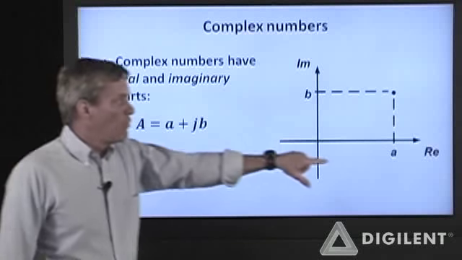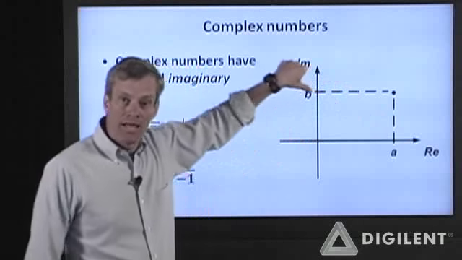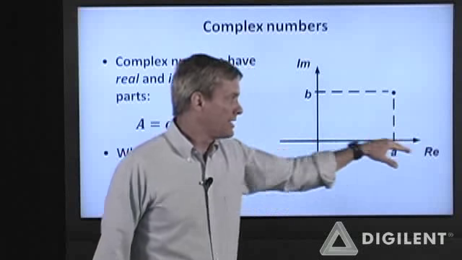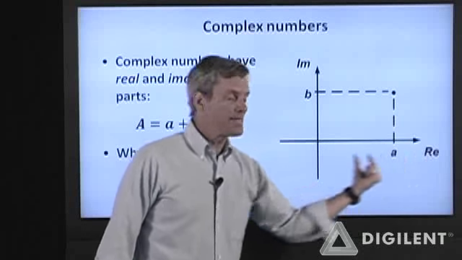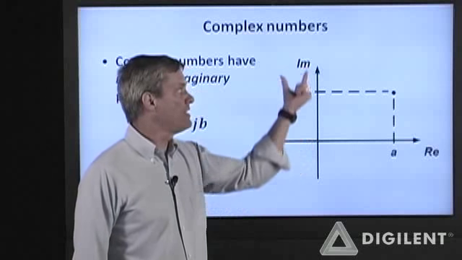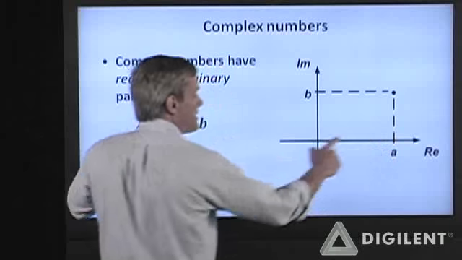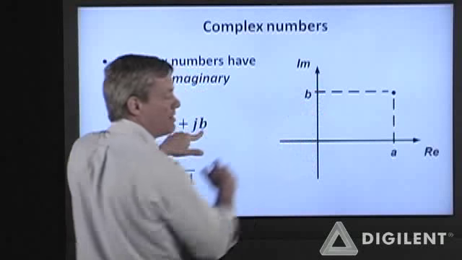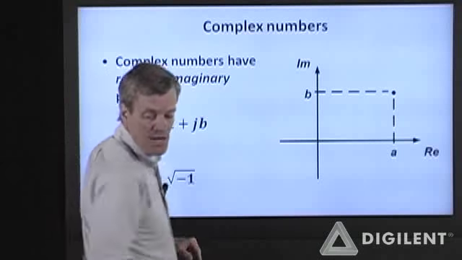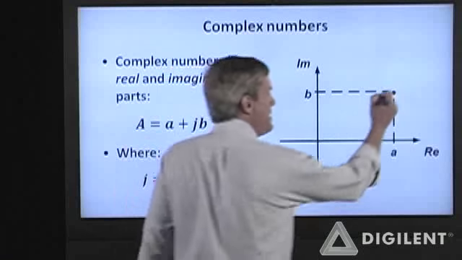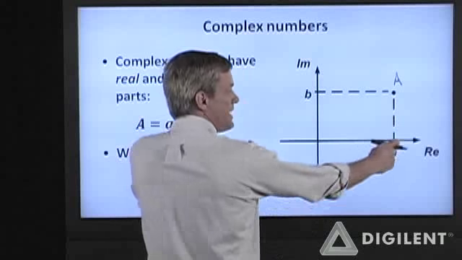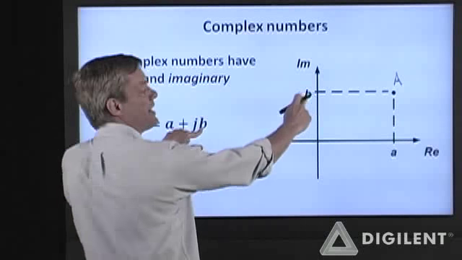Graphically, we can represent this in a complex plane which has some direction on the real axis and some direction on the imaginary axis. So a is the distance on a real axis, b is a distance on an imaginary axis. This number here, A, is a plus j times b.